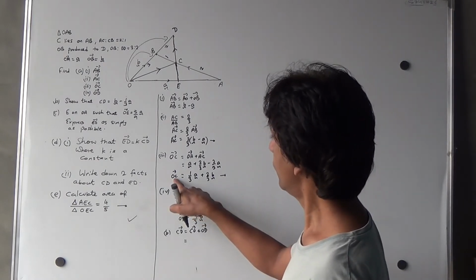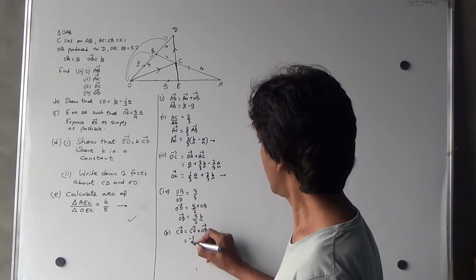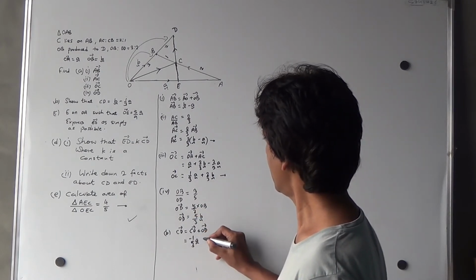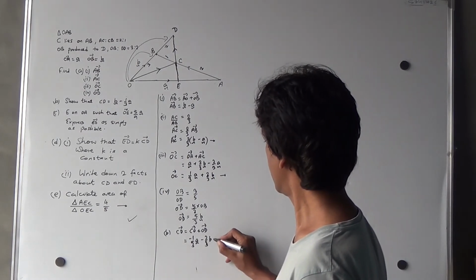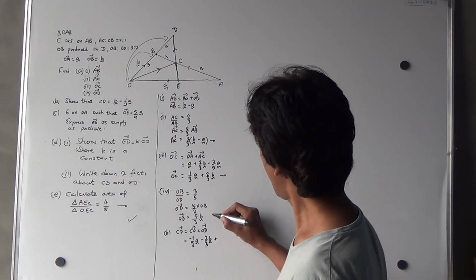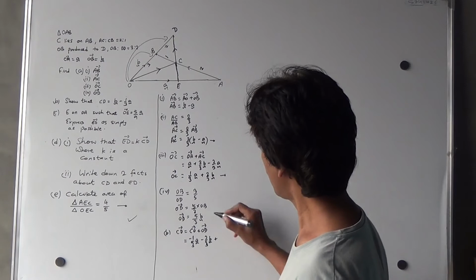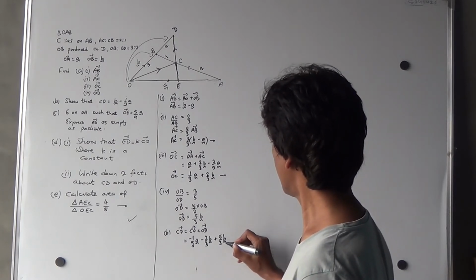Yes. So CO is the negative of that, which is minus 1/3 vector A minus 2/3 vector B. Then plus OD, and OD was found to be 5 over 3 vector B.